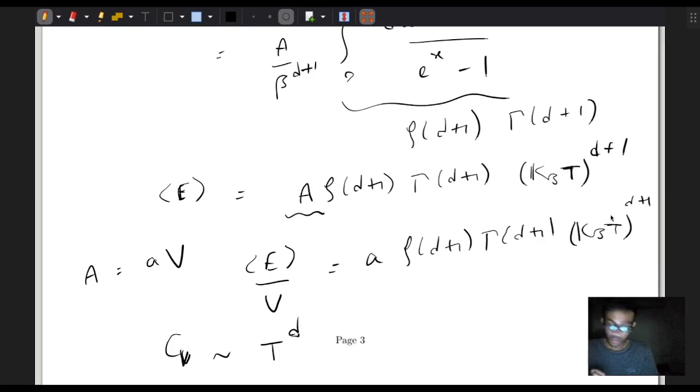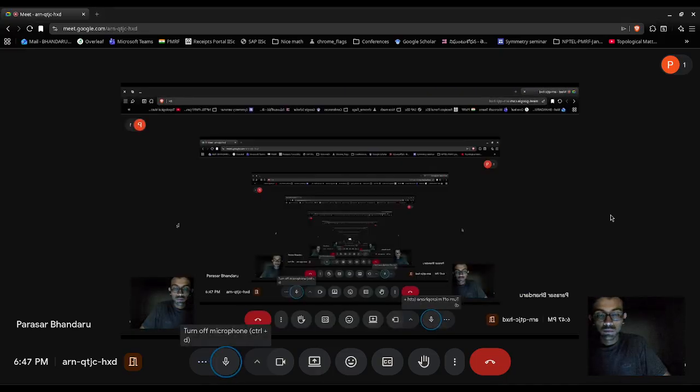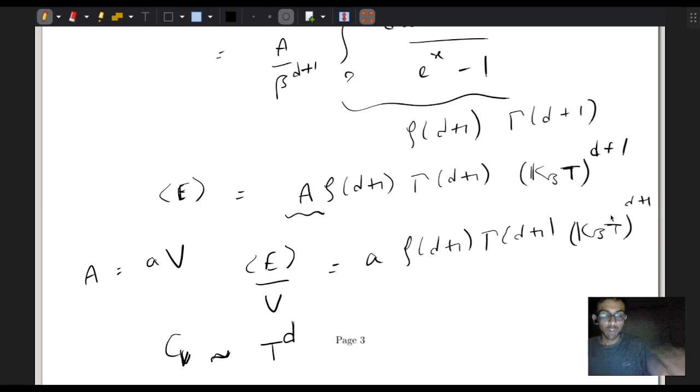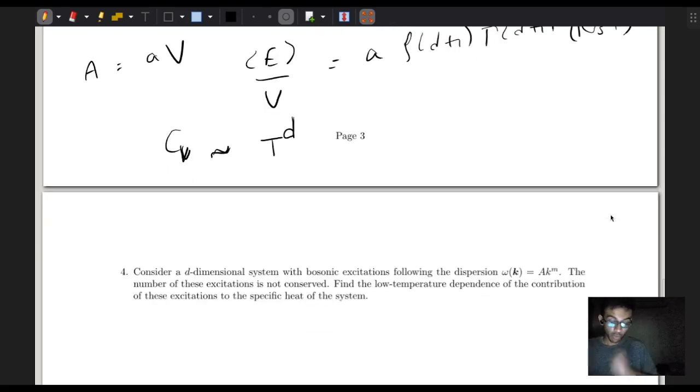So in three dimensions, we know it goes as T cubed. In d dimensions, it's T to the d. All right. Yeah. So let's move on to the next problem.